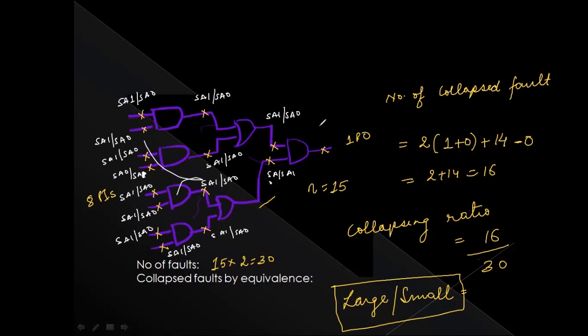Stuck at 0, stuck at 1. You tell me by inspection, are you able to get it? So AND gate.